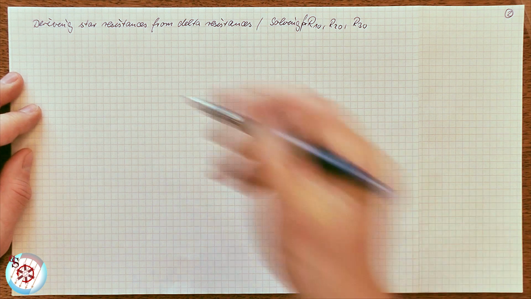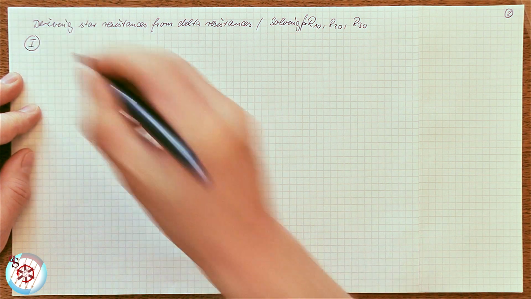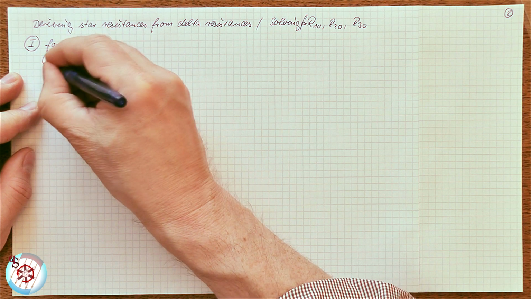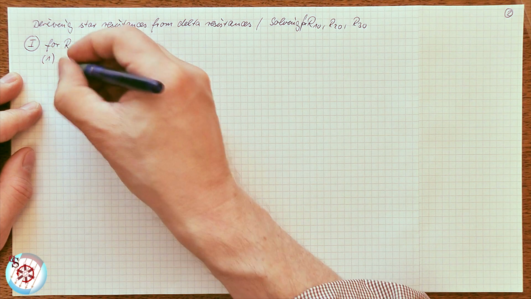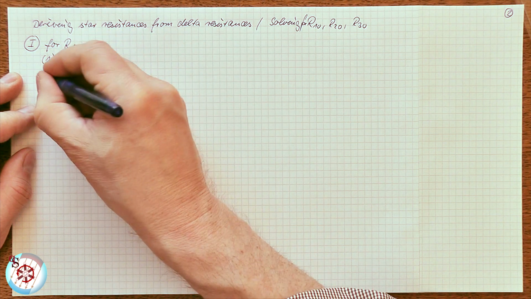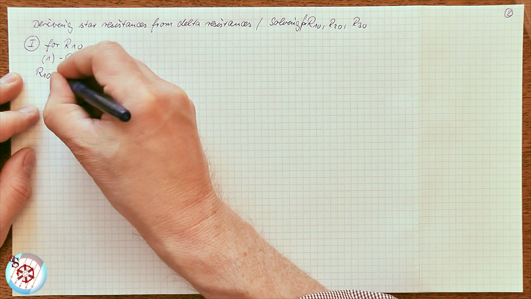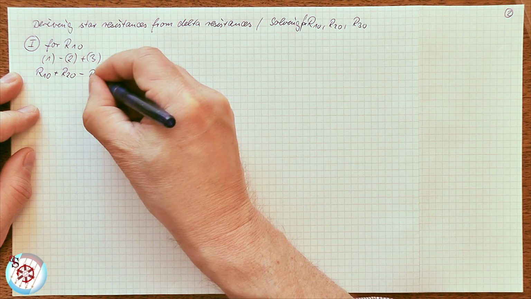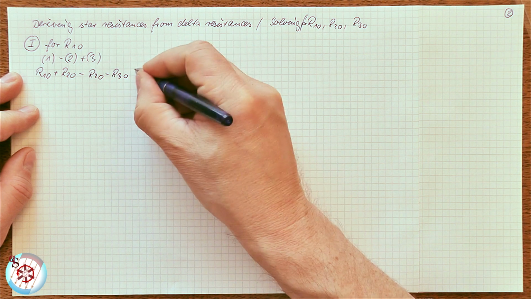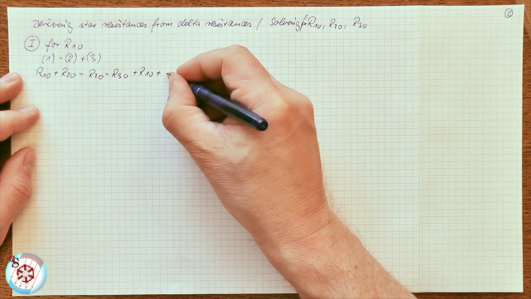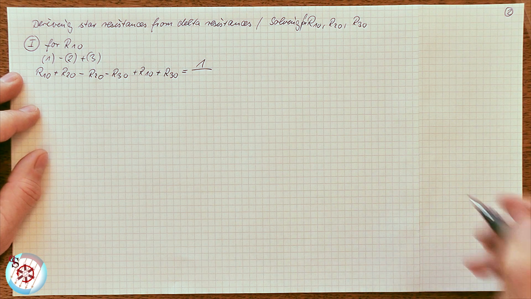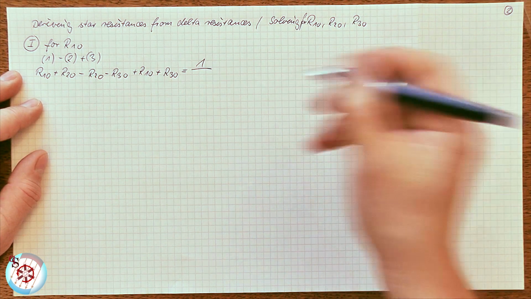Actually, it's not that difficult. I have plenty of examples on the net, so I can make it short here. For R10, you simply calculate equation 1 minus equation 2 plus equation 3, and then you get for the left side R10 plus R20 minus R20 minus R30 plus R10 plus R30, and then equals to, so we pull out the common denominator.